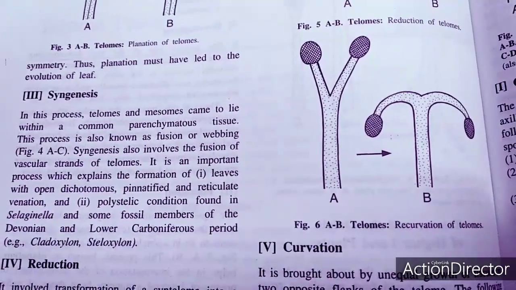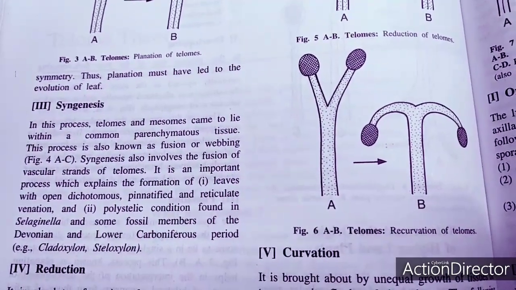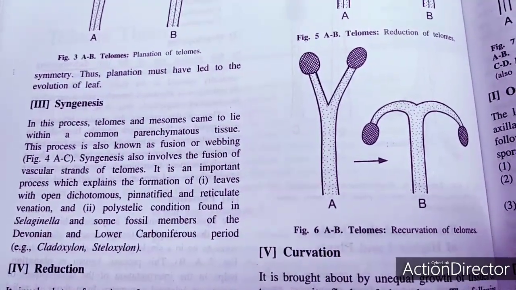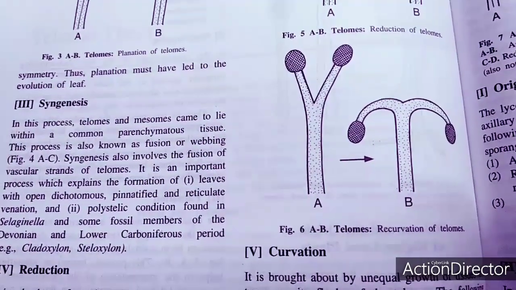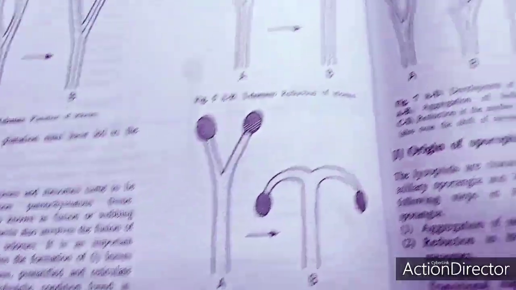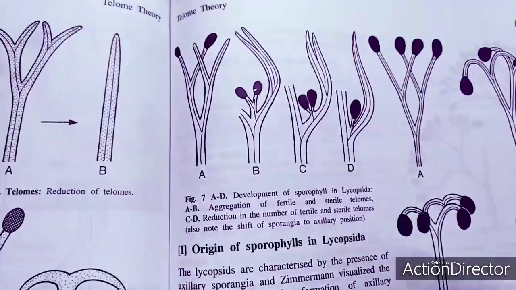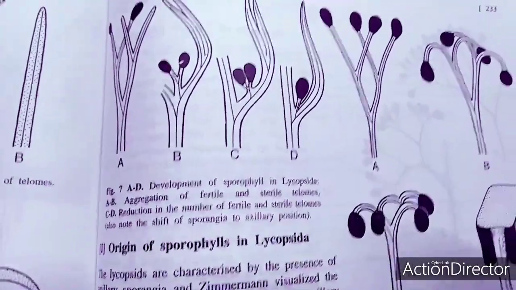So there are two processes by which curvation can take place, either recurvation like the Sphenopsida, or incurvation. This diagram shows the two processes of curvation.